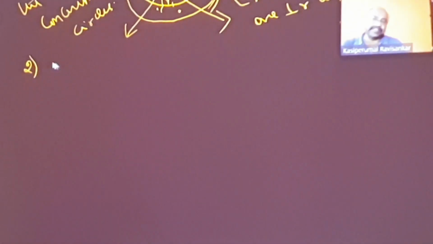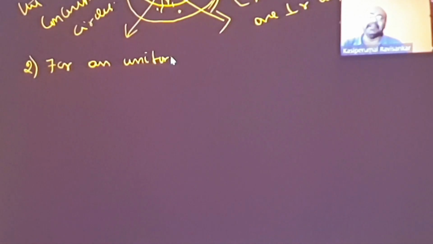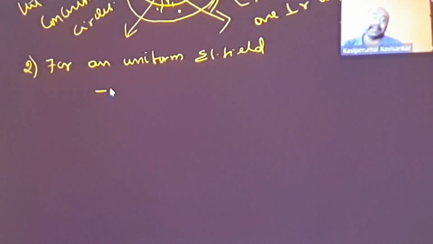Let us consider the second case. What is case number 2? We have to determine the equipotential surfaces for a uniform electric field. In the case of a uniform electrical field, how will the equipotential surfaces be?